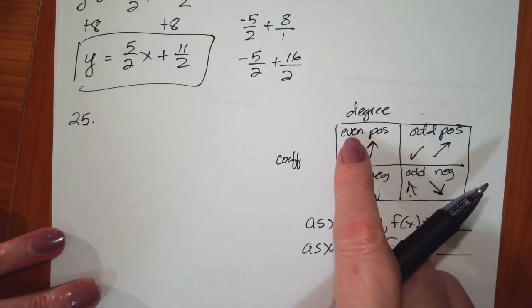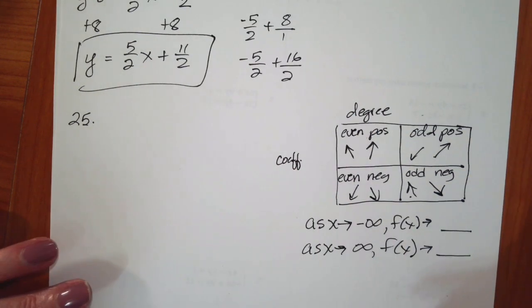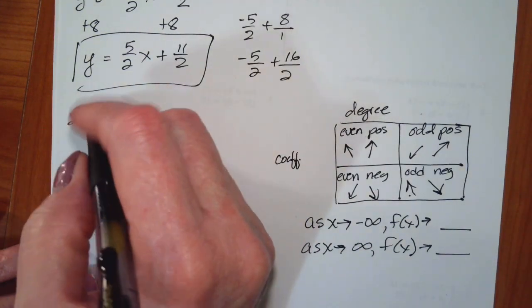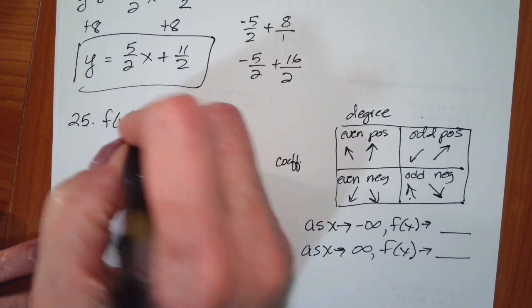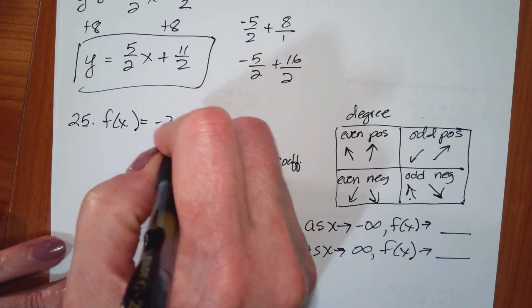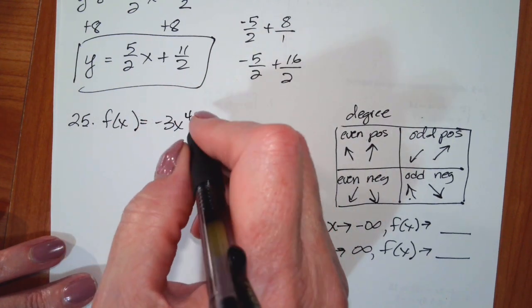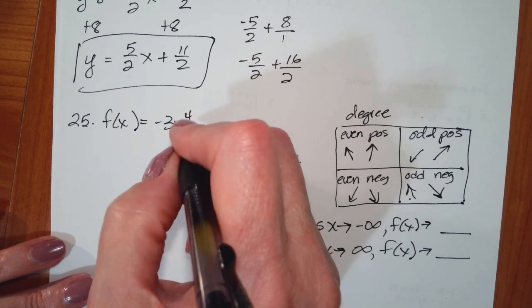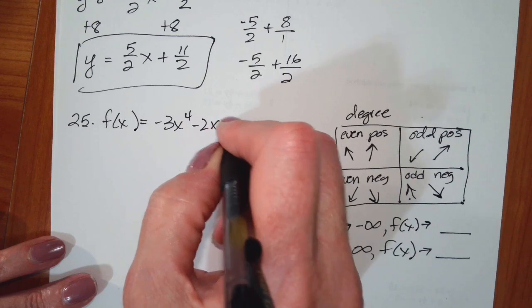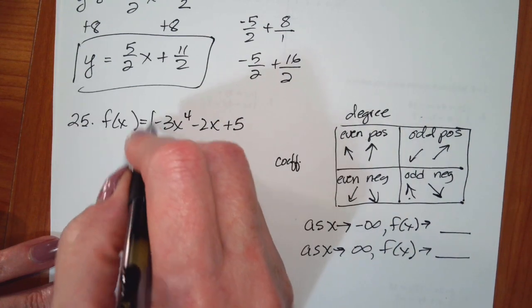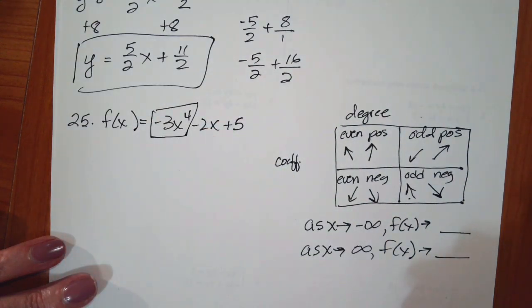So if we can find the degree and the coefficient, then we can do this right up. Okay, so for 25, it tells me that f of x is negative 3x to the fourth minus 2x plus 5. Okay, so I look at my leading coefficient.